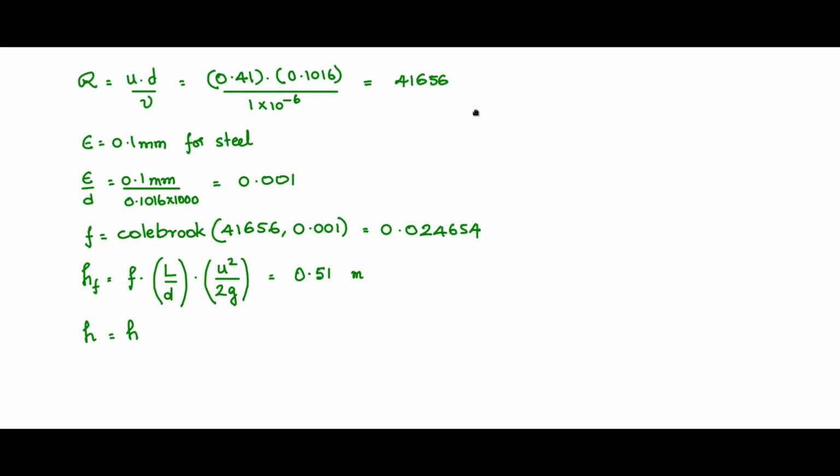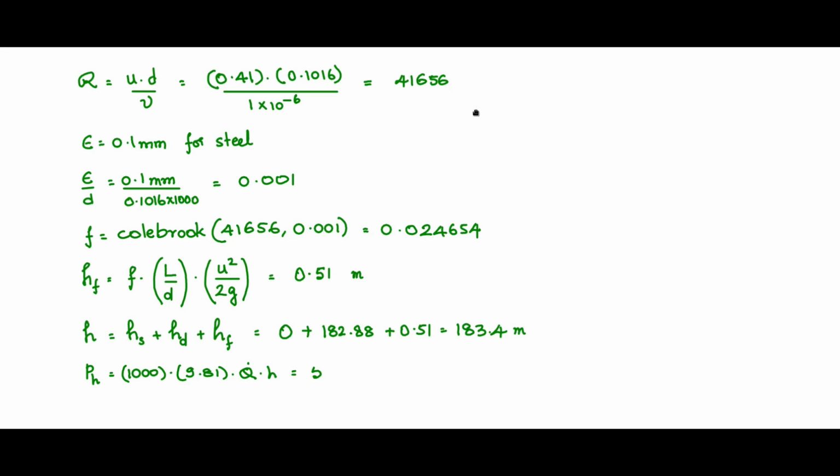The total dynamic head is Hs plus Hd plus Hf, 0 plus 182.88 plus 0.51, which is 183.4 meters. Now you can calculate the hydraulic power, just rho into G into Q dot into H, which is 5991.2, roughly 6000 watts.